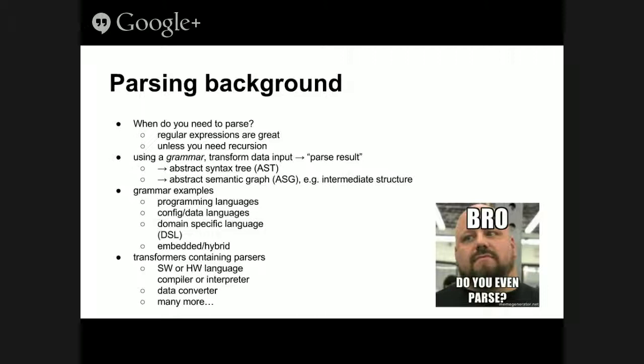I say parse result in quotes just because you could be doing anything. If you're a compiler, you're going to take the original code and transform it into a bunch of intermediate data structures. You're going to manipulate those data structures into more data structures, and finally create whatever it is that you want to do.